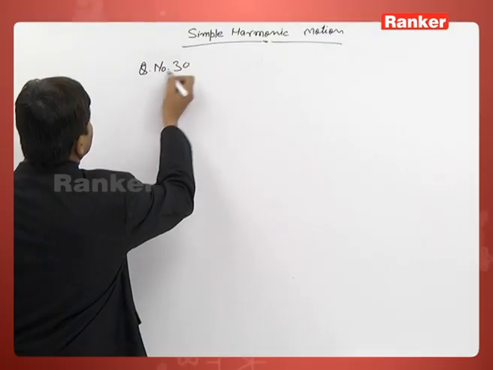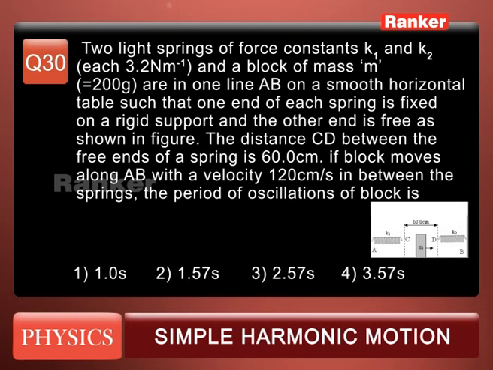Now see question number 30. Two light springs of force constant K1 and K2, each given as 3.2 Newton per meter, and a block of mass 200 gram are in one line AB on a smooth horizontal table such that one end of each spring is fixed on a rigid support and the other end is free as shown.